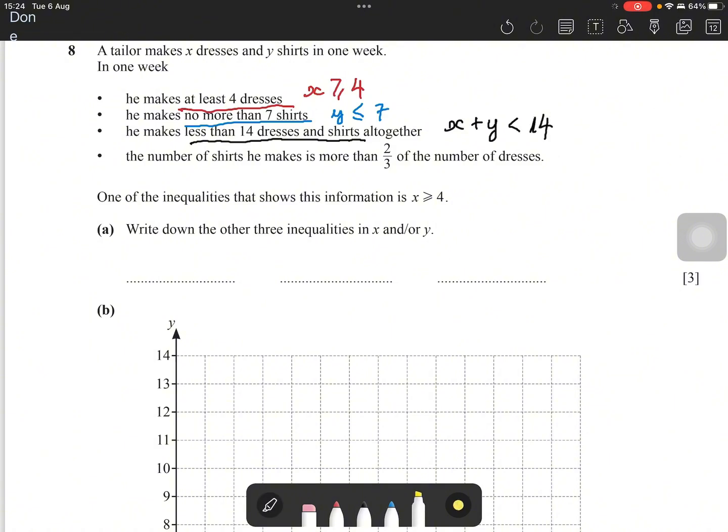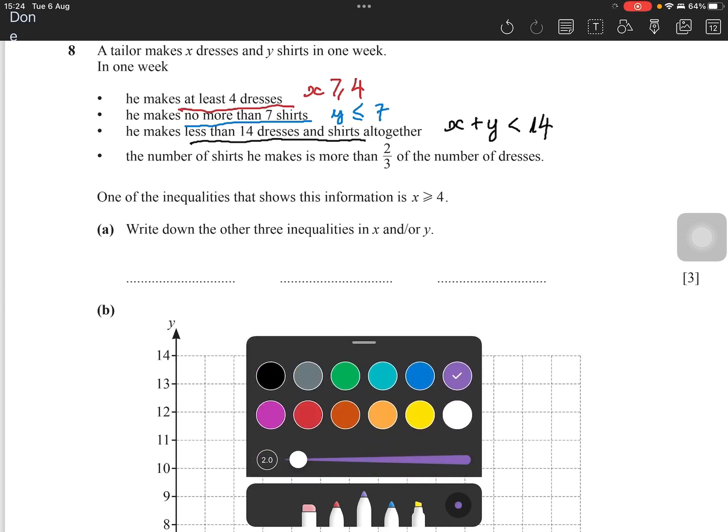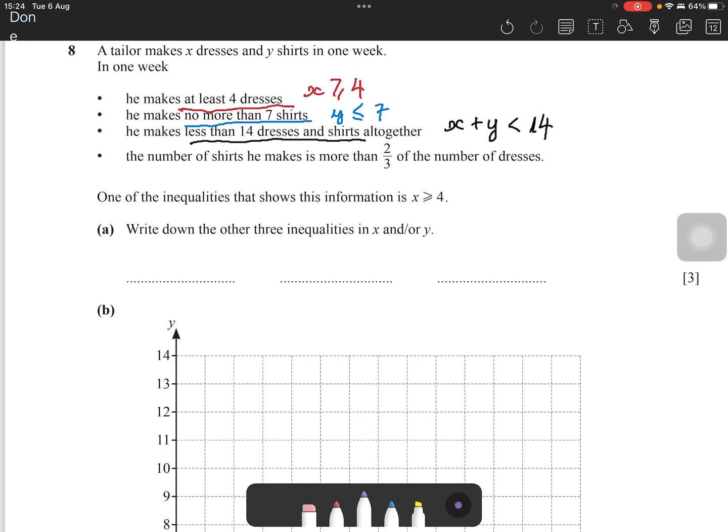And finally, the number of shirts he makes is more than 2/3 of the number of dresses. Shirts means Y is more than 2/3 of the number of dresses, 2/3 of X. So the last line is Y greater than 2/3 of X. So we just write down the 4 inequalities.